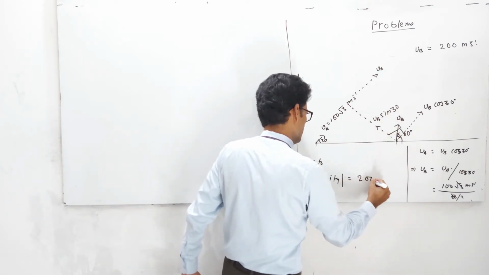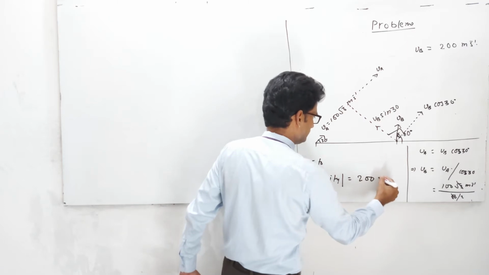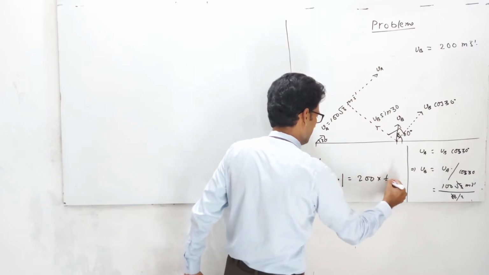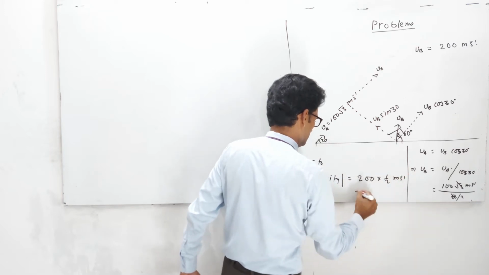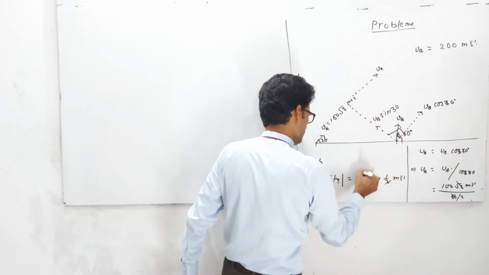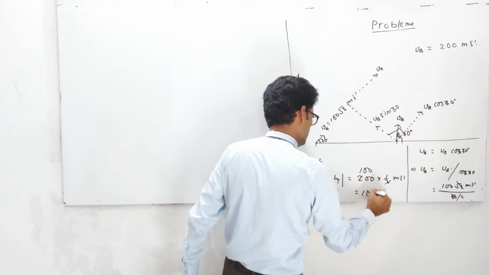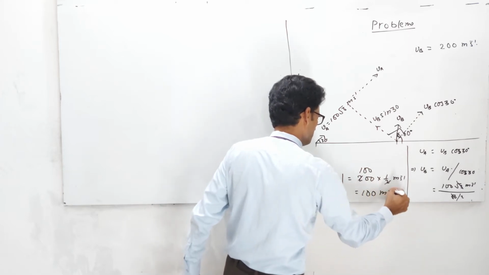VB is 200 meter per second and sin 30 is half, so this comes out to be 100 meter per second.